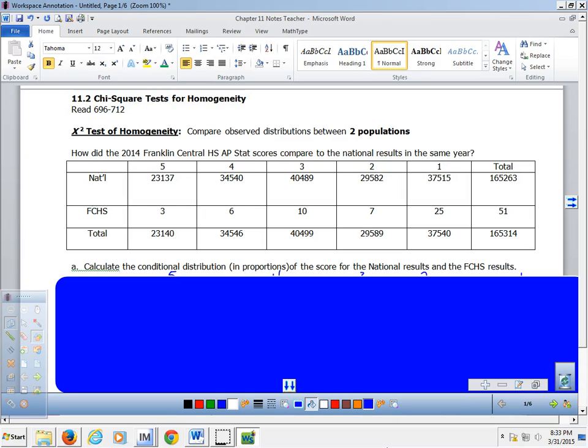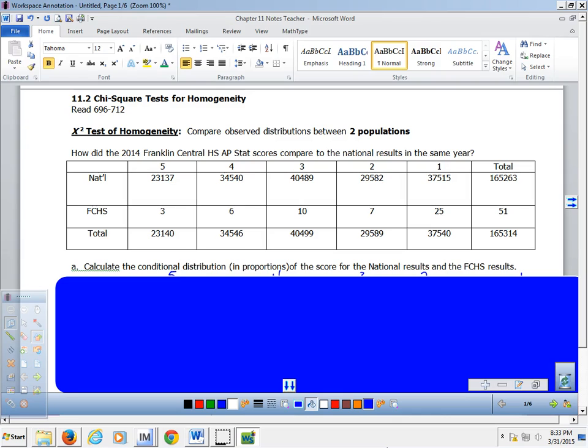So when we last spoke, we were talking about chi-squared goodness of fit tests. Goodness of fit tests are great if you want to take one categorical variable and figure out if the distribution of that categorical variable is what is claimed or what you would expect, and see if there's a significant difference in the actual distribution from a sample versus what you would expect to get if there's a claim out there, or if you think that each category in the variable is going to be evenly distributed or anything like that.